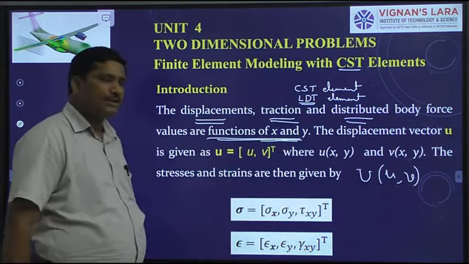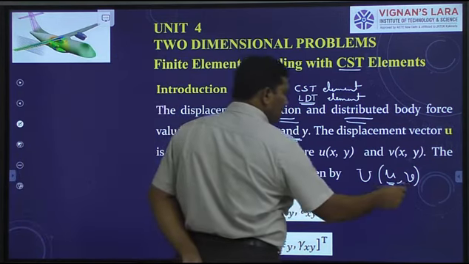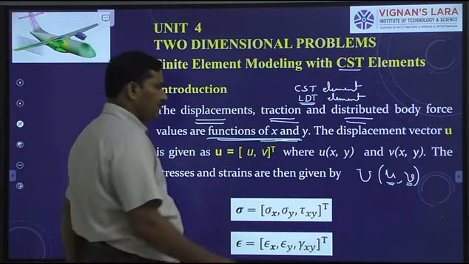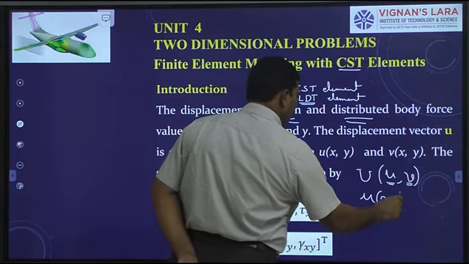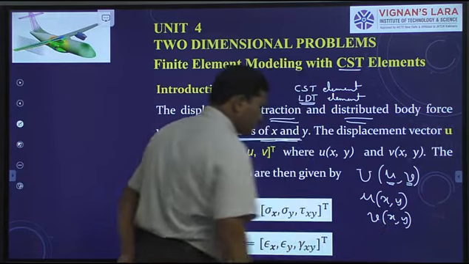Here u is the displacement that takes place in the direction of x. v is the displacement that takes place in the direction of y. Therefore, u is a function of variables x and y and v is a function of variables x and y.